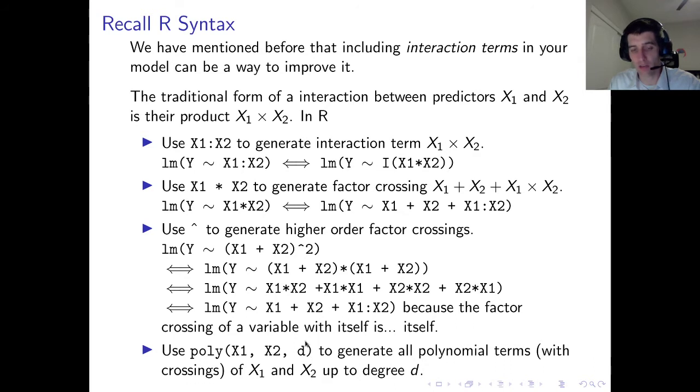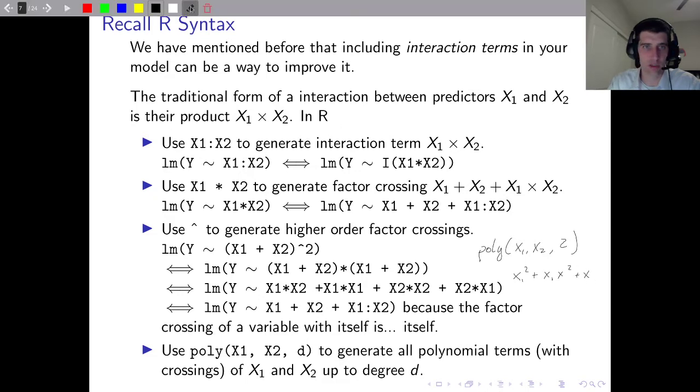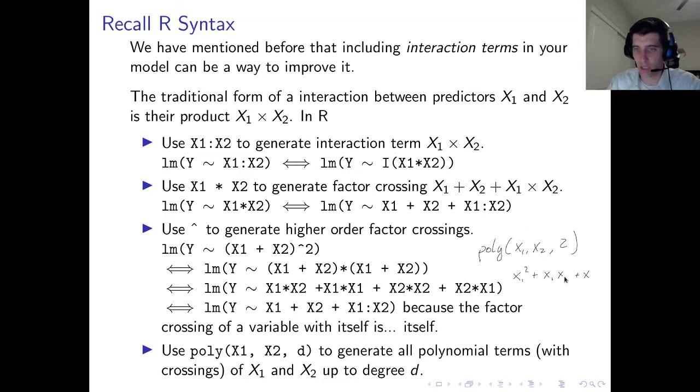So if you say generate a d-degree polynomial, it will include, for example, poly(x1, x2, 2) will generate x1 squared plus x1 x2 plus x2 squared plus x1 plus x2, right?